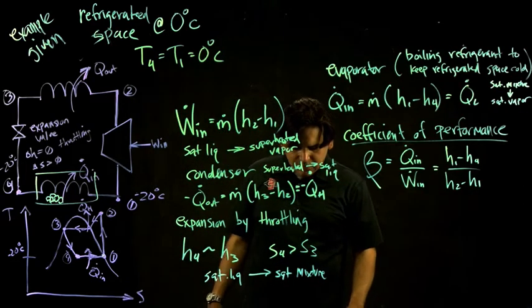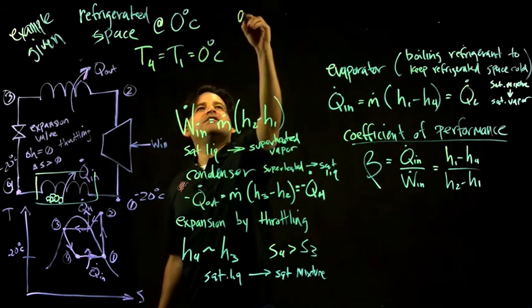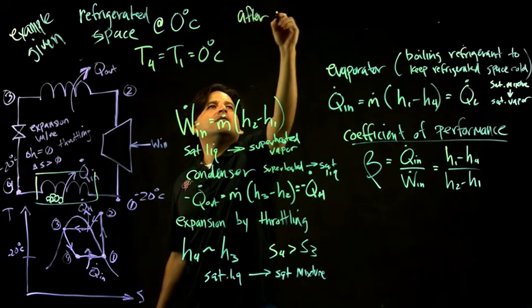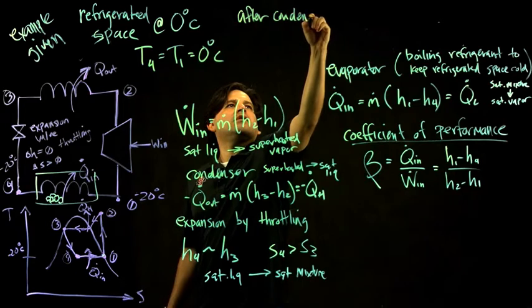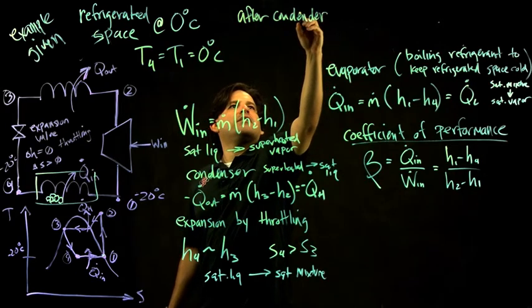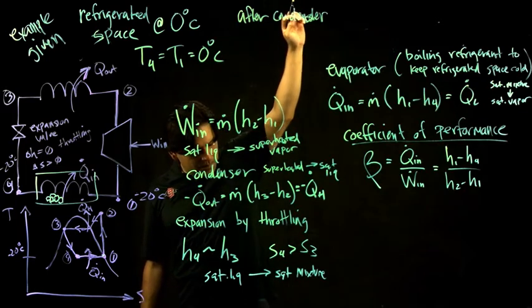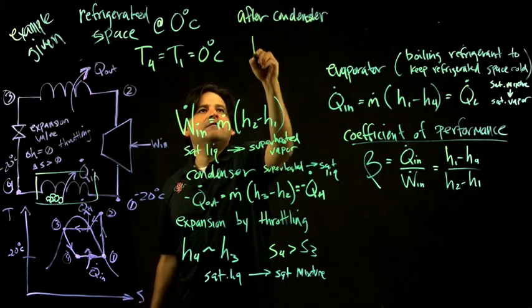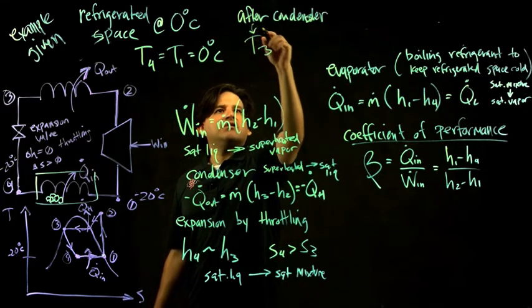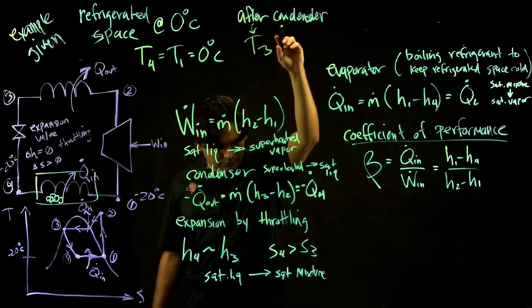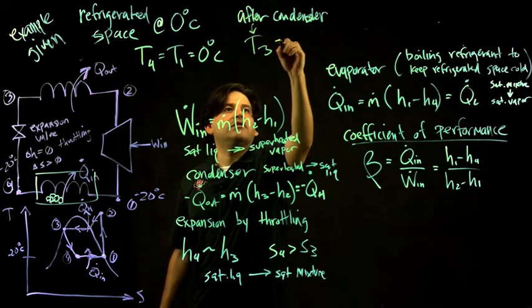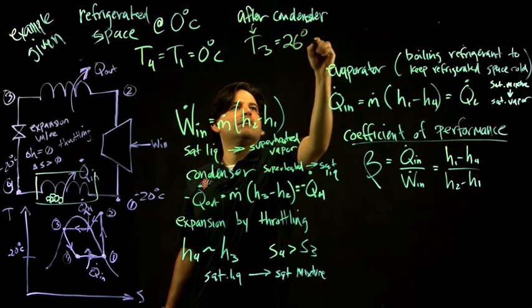Also given that after the condenser, basically T3, this equals 26 degrees Celsius.